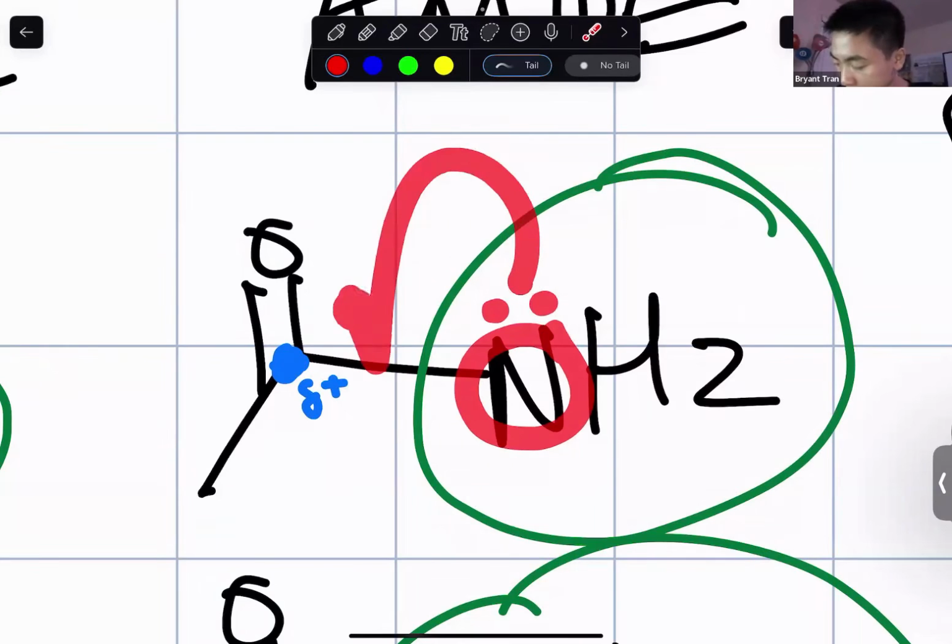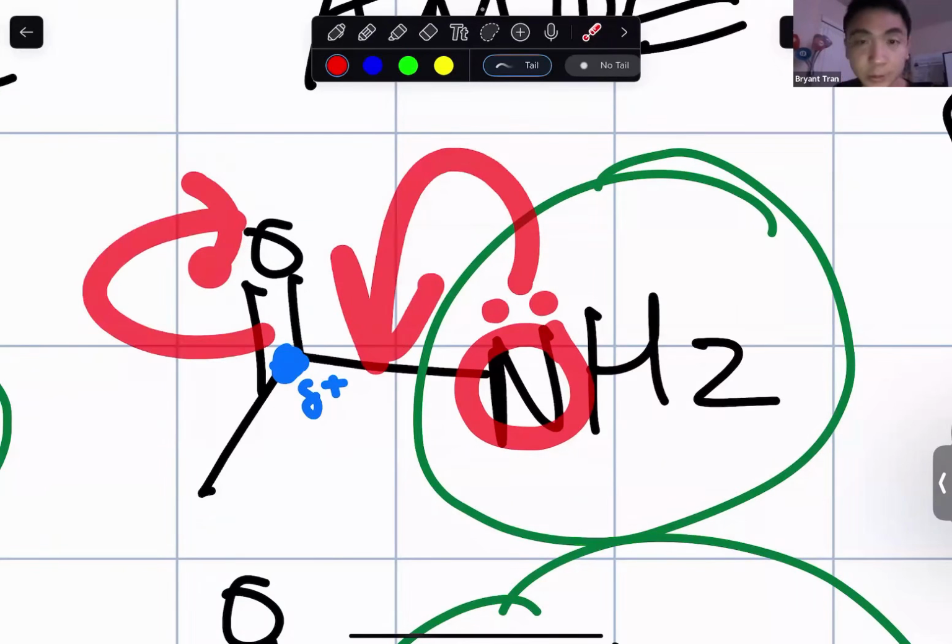So this pair of electrons here is going to be willing to donate electrons and do resonance with the carbonyl right there. And because this carbon here is going to gain electrons from the nitrogen, it's gaining negative charge, right? Because electrons are negatively charged. This carbon is gaining negative charge, meaning that its positive charge is getting smaller.